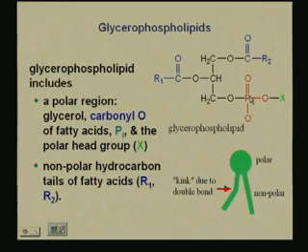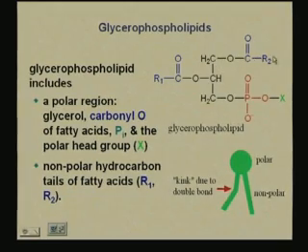Now, the phosphate again is esterified. Okay? If the phosphate is again esterified by this X group, this is where we can change the type of glycerophospholipid that we have. So, where can we make the changes? We have the basic structure of a glycerophospholipid, that is going to be the glycerol.